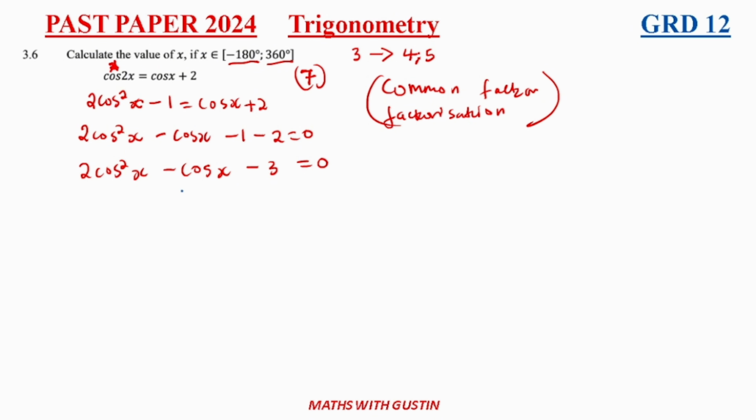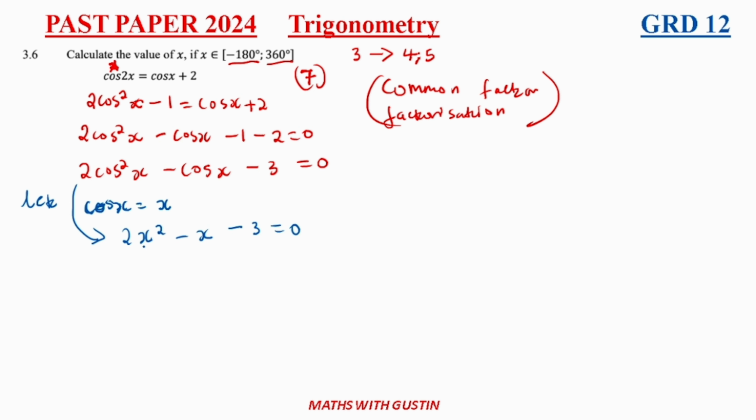If I were to say to you, let this cos x be equal to x alone, so wherever there's a cos x, we're going to put x. It means this equation now would become 2x squared minus x minus 3 is equal to 0.